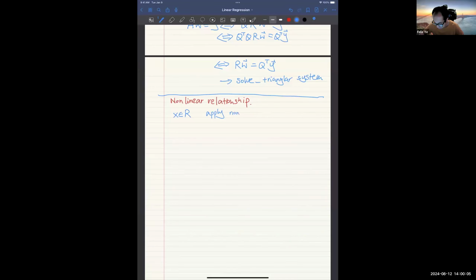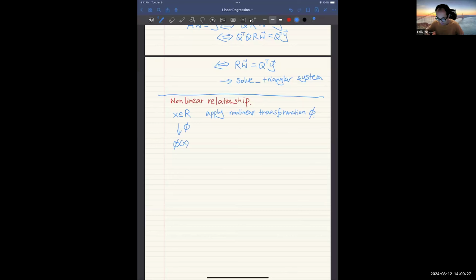We apply a nonlinear transformation phi, which maps x into phi(x).